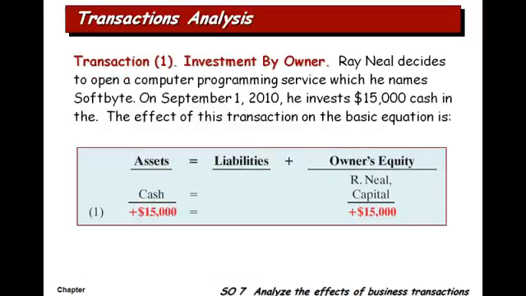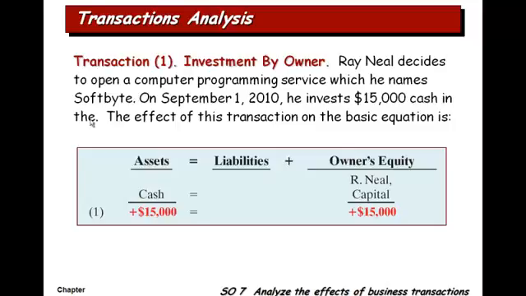Okay, transaction analysis. This will give you a great overview of the accounting equation and the dual effect that we just mentioned before. Ray Neal decides to open a computer programming service, which he names SoftBite. On September 1st, 2010, he invests $15,000 cash in the company.